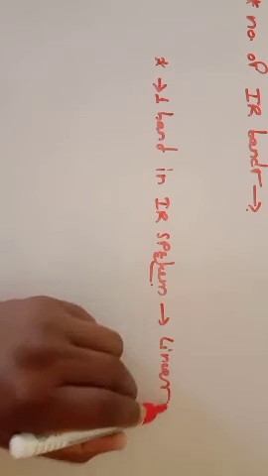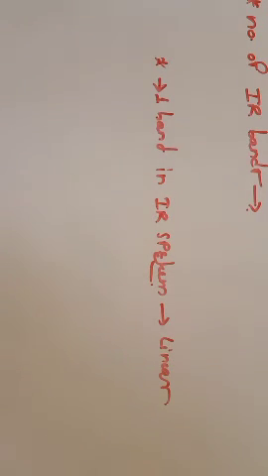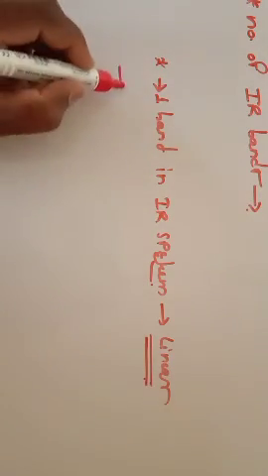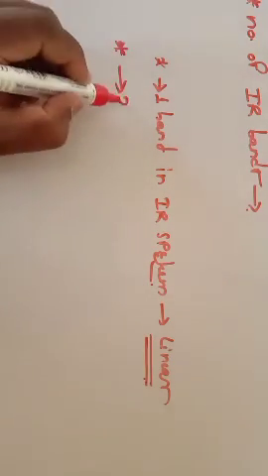So you should keep in mind what we discussed. The conclusion is that whenever we get one band in the IR spectrum for a dicarbonyl complex, meaning it contains two carbonyl ligands, the geometry is linear.